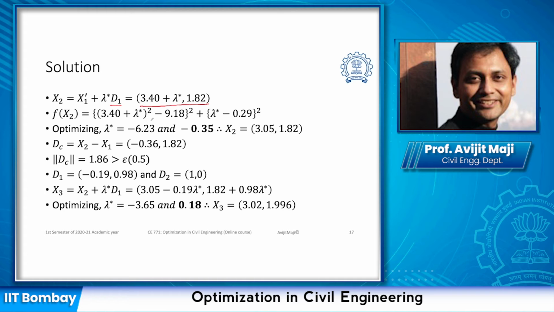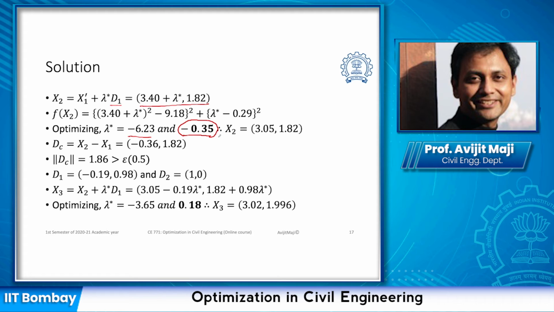for which again if we transform our objective function, it will become a single variable objective function, and if we optimize the lambda value, again we are going to get two values, negative 6.23 and negative 0.35. Out of this we are going to choose this particular point. The representation of negative 6.23, you will see in the graphical representation to understand that point better.